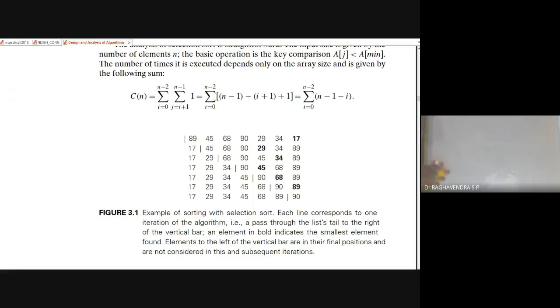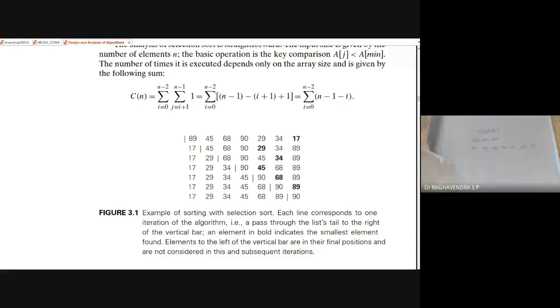So if you take any example here, we have 89, 45, 68, and we have 90, 29, 34, and 70.